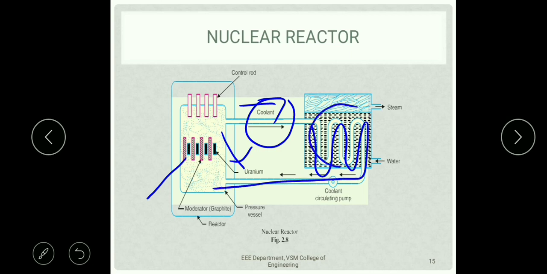In the heat exchanger, what happens? The coolant is a hot metal. When it flows to the heat exchanger, heat will be exchanged. The coolant gives its heat to the heat exchanger, which is utilized in raising steam.